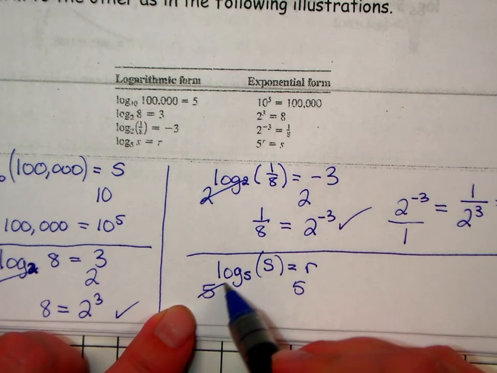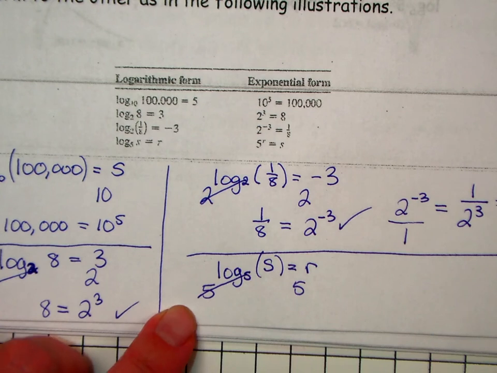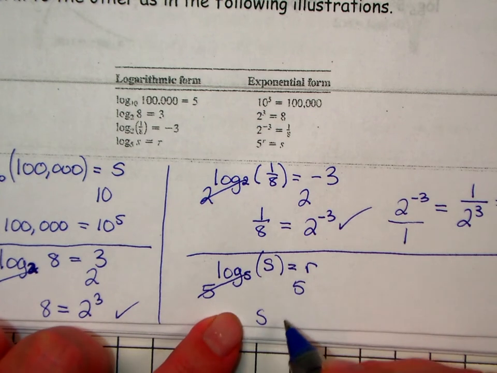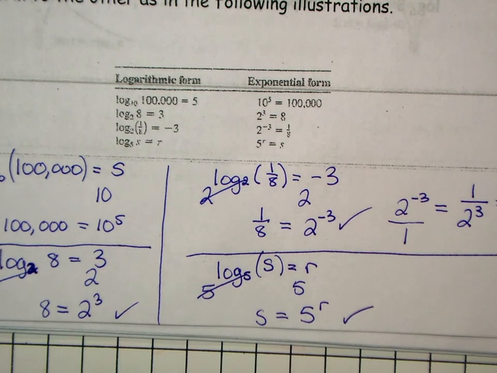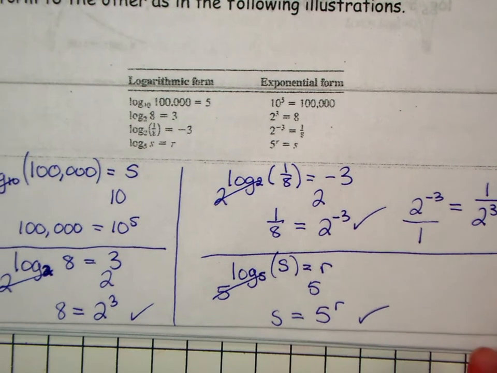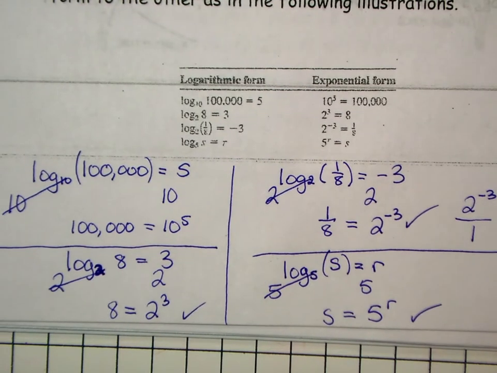And so the 5 raised to log base 5 cancels, and I get s equals 5 to the r power. Right? So instead of memorizing that relationship that's at the top of this page, just think about exponentials and logarithms being inverse functions, and they cancel each other out.